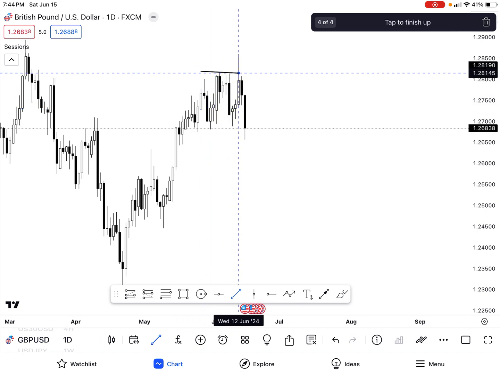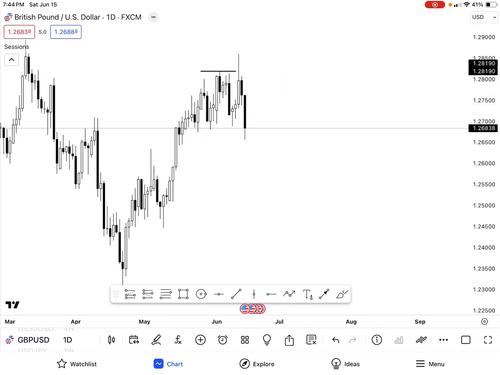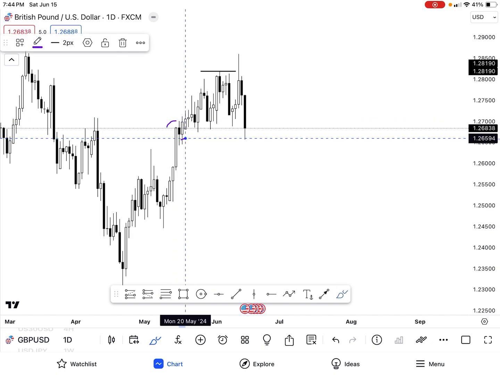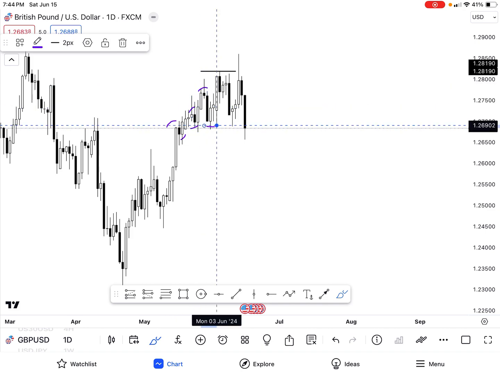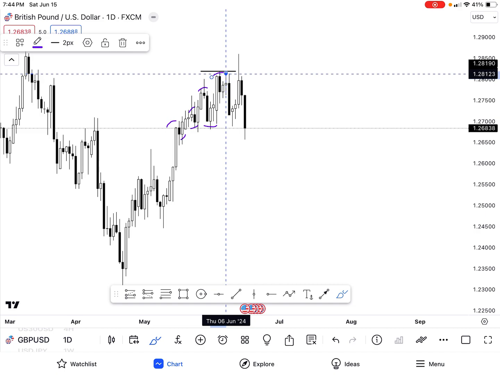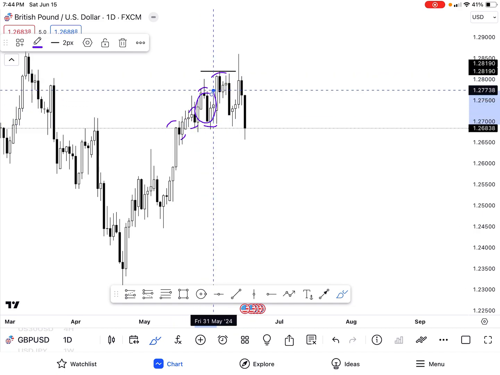Price had these targets up here, and had created higher high, higher low, higher high, higher low, higher high. Then I identify this whole last down move as my higher low in current market structure.